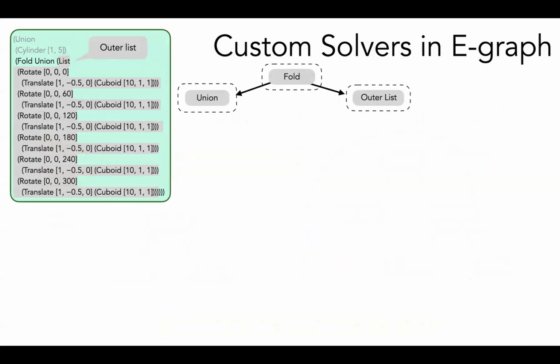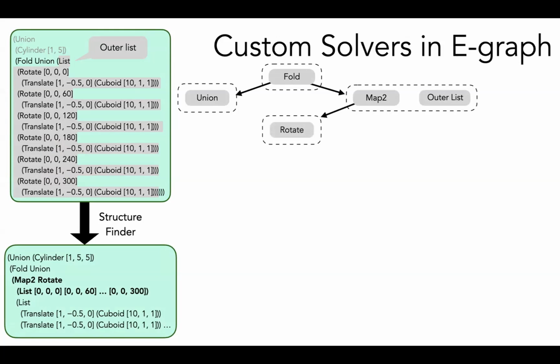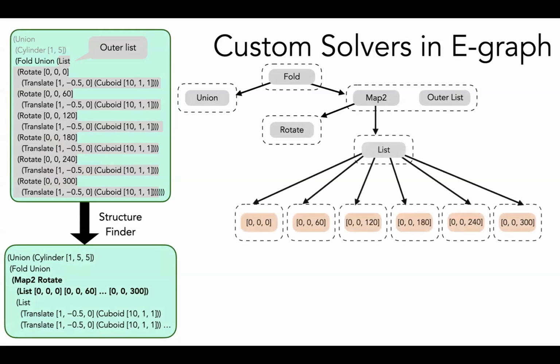Now what we're going to do is run the egraph, and as we go, try to find opportunities to do structure finding and apply our custom solvers. So if we take our running example and stick it in the egraph, we learn from the structure finder this thing about the map to and rotate. So we have that in the egraph. There are also some additional cat arguments to map to, which I'm not going to show here for space reasons.